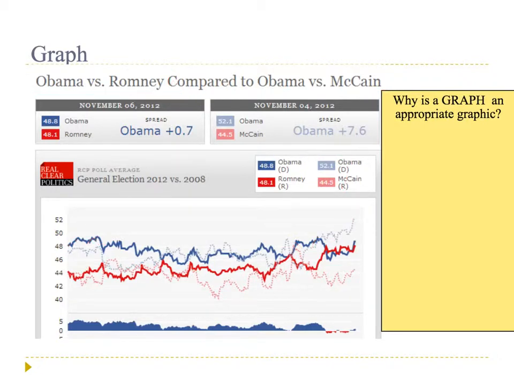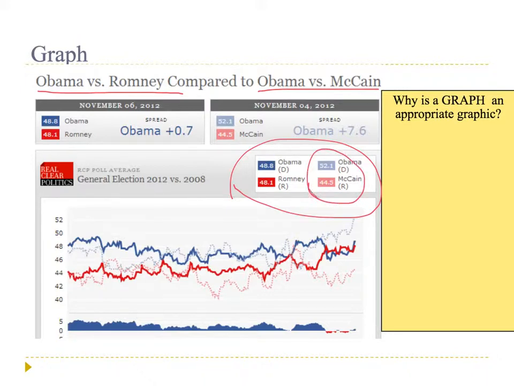Okay, so why is a graph an appropriate graphic here? This is talking about Obama versus Romney compared to Obama versus McCain. So these are Obama's two different campaigns. And so here, this is how we're going to figure out how to read this graph. With the lighter, we see that Obama is the dotted blue line.